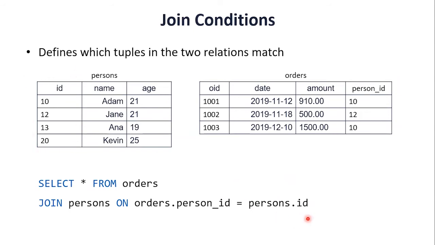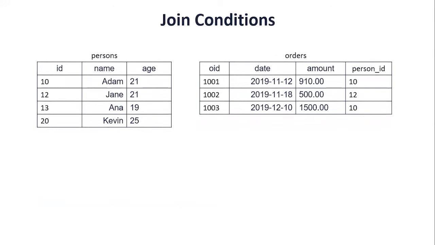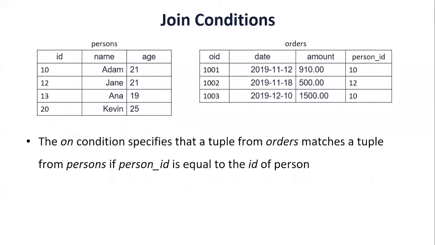What that says is I'm instructing SQL to join the persons table onto this orders table using the condition to match this person ID with the ID column in the persons table. So that's what this on condition means.